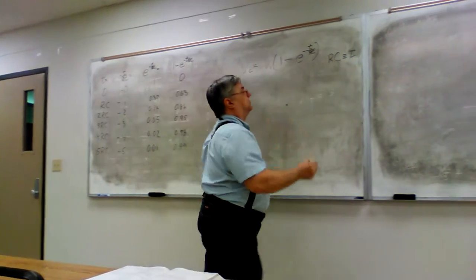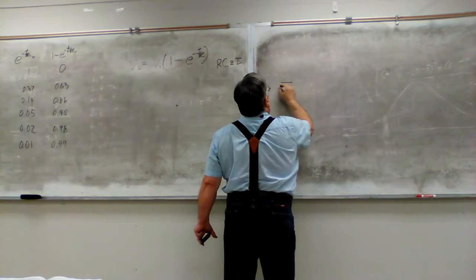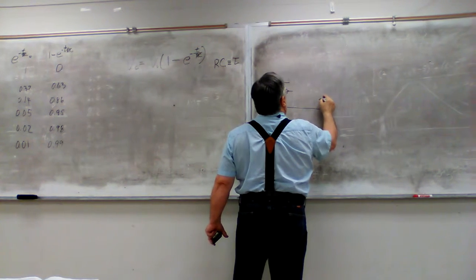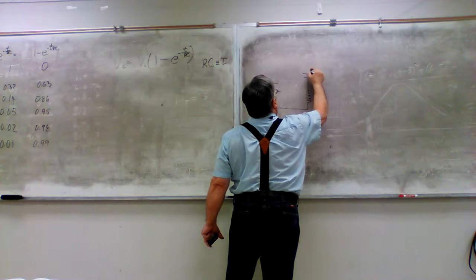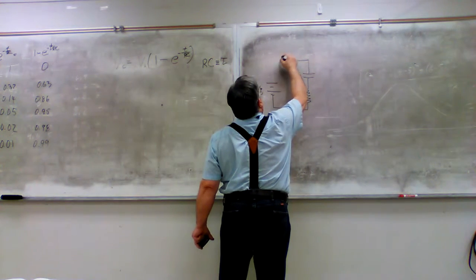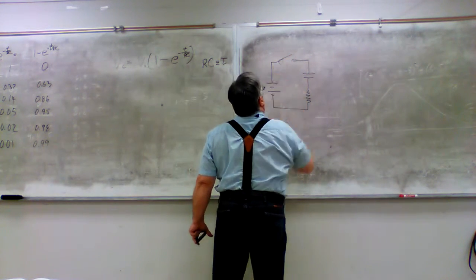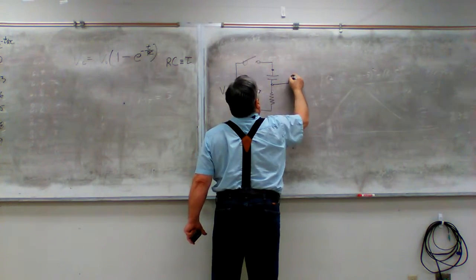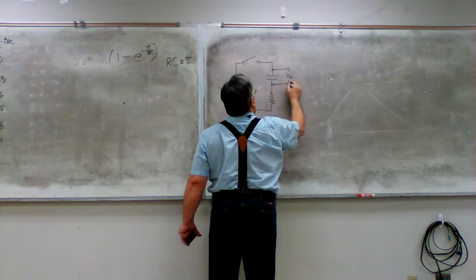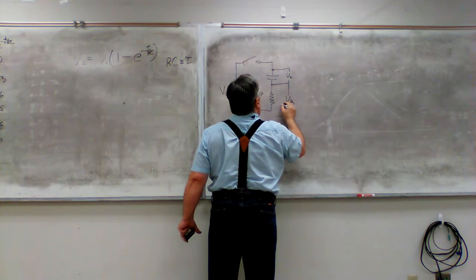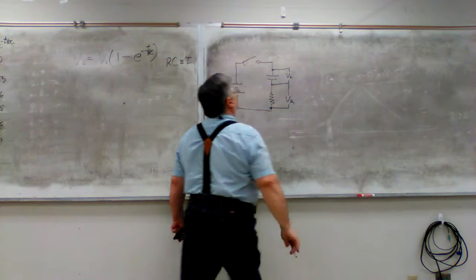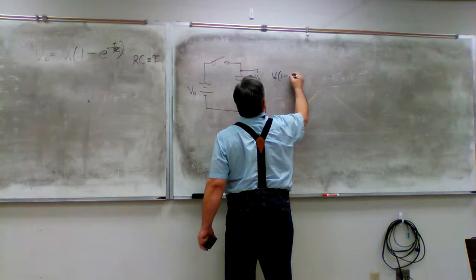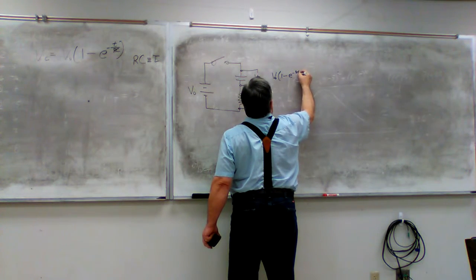This is, of course, if you have such a circuit like that. The voltage across the capacitor is V sub naught times 1 minus e to the minus t over RC.